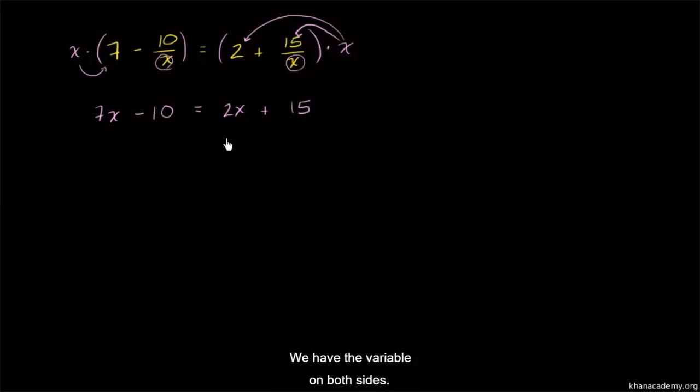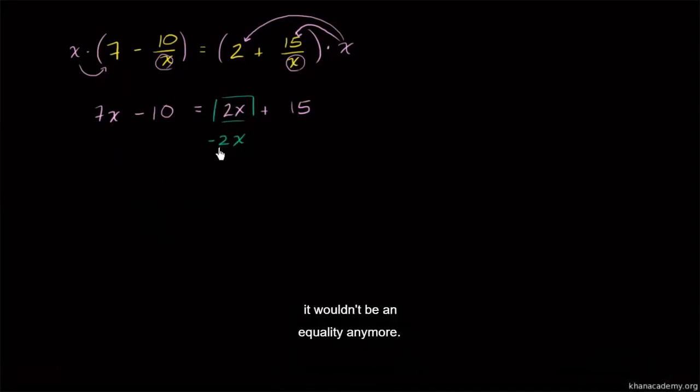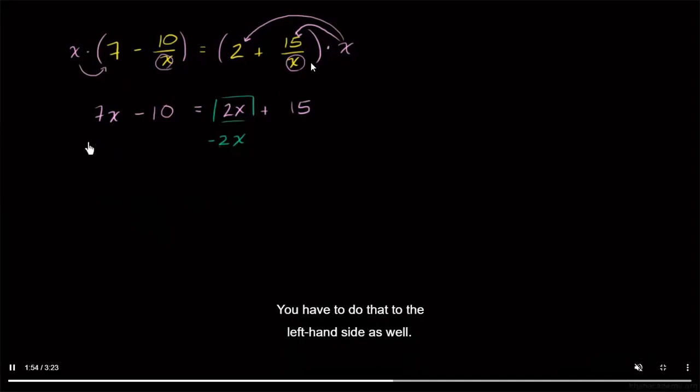We have the variable on both sides, so we just have to use the techniques that we already know. Did you note that we determined from the beginning that we have the denominator x on the left side, and the right side also has the denominator x, so we will multiply both by x, and after that, we distribute over the parentheses.